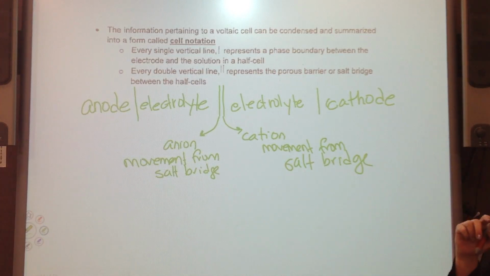Okay. So your salt bridge where you have potassium nitrate, and we drew the little arrows where the nitrate moved out into the zinc side, and the potassium moved towards the cathode. That's what those double lines represent.